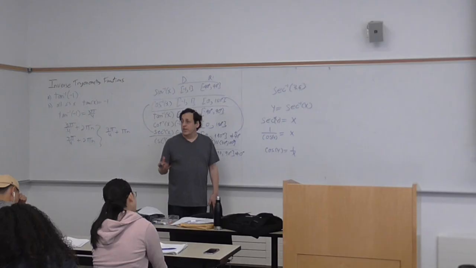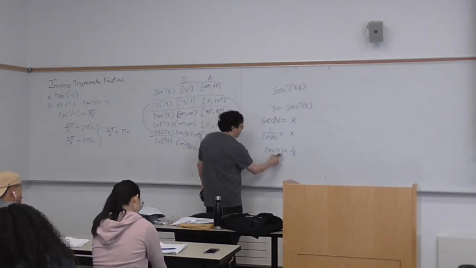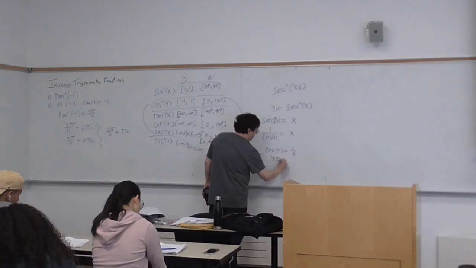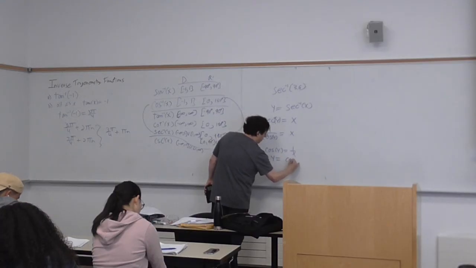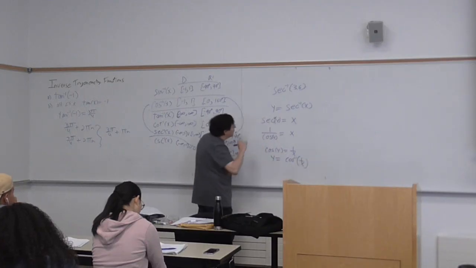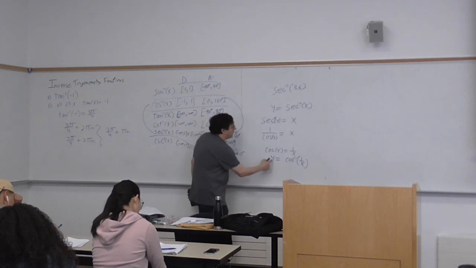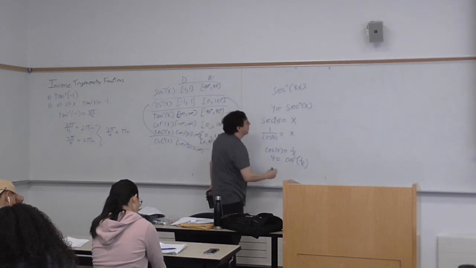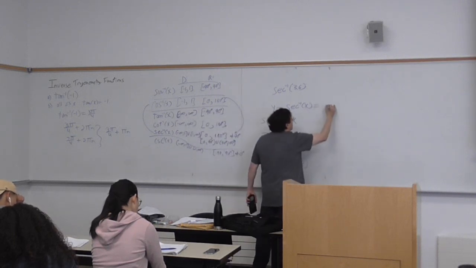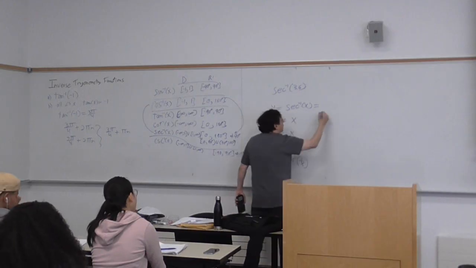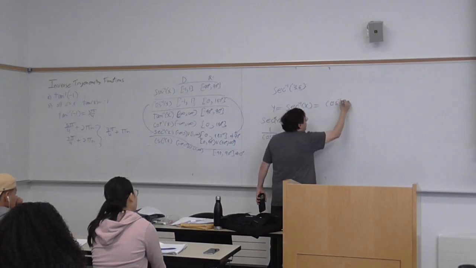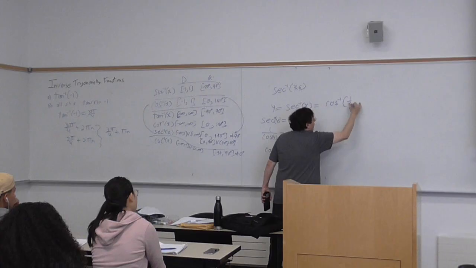And now let's apply our inverse cosine function. Inverse cosine of cosine of y, that's just y. So we have the inverse cosine of 1 over x. That's y. But y is the secant inverse. So the secant inverse of x is the cosine inverse of 1 over x.